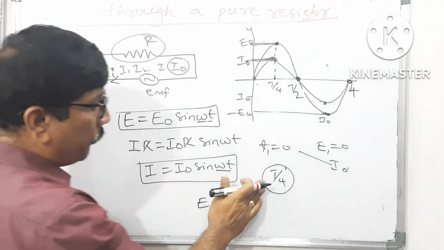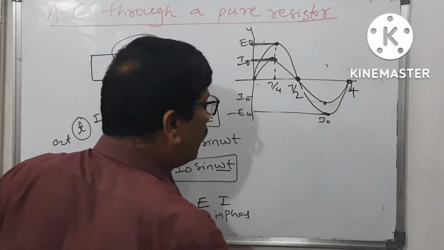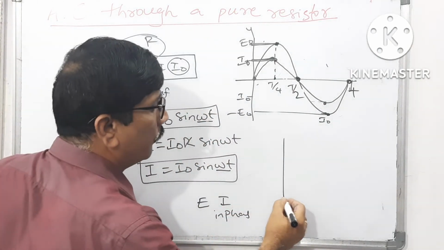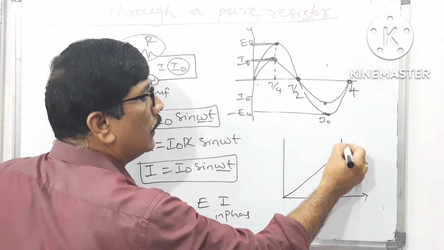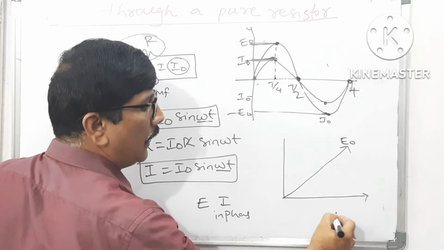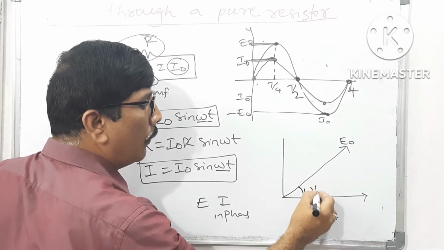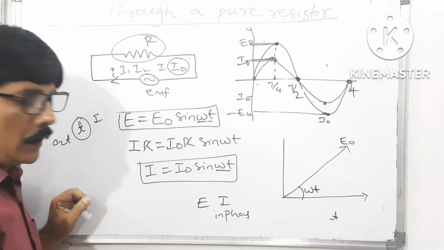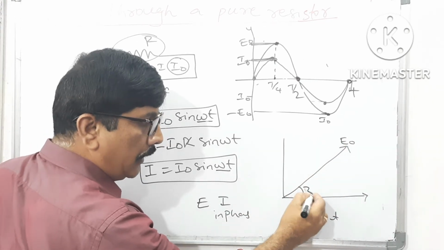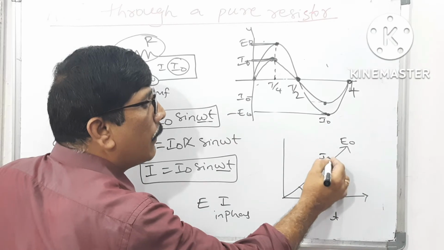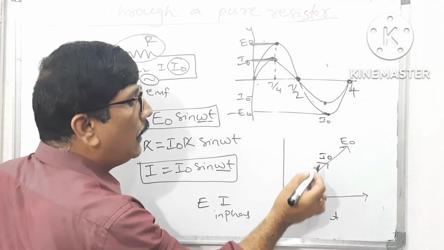Now, if you see this in a phasor diagram, for example, if I take the electromotive force E naught here, and this is the time, if it makes an angle omega t, the current also takes the same angle. That means E naught and I naught phasors.